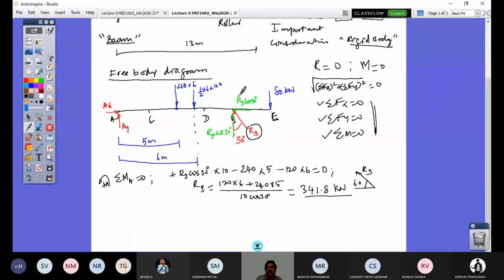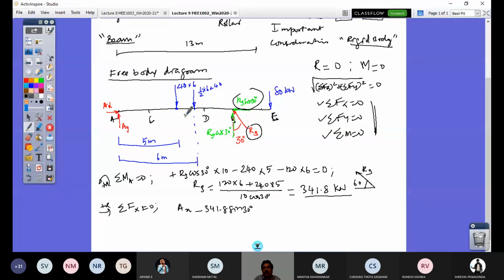For that, sigma Fx equal to 0, with to the right positive as the convention. So AX, and you see these all are vertical except this one, RB sin 30. RB is 341.8 sin 30, with a minus sign because the direction of this RB component is towards the left. That's equal to 0.